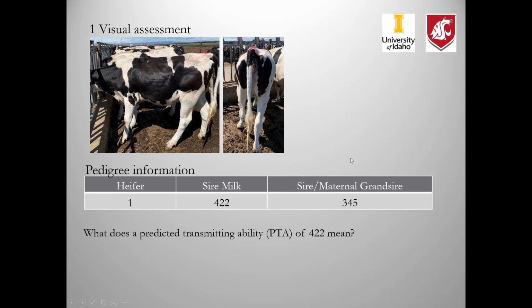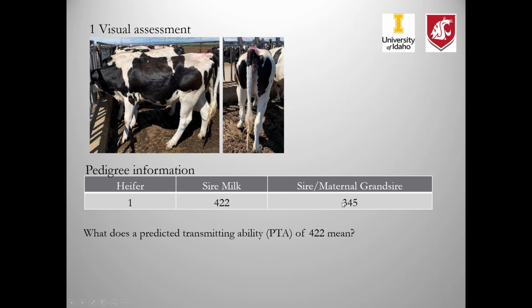So here we have heifer number 1, and you can see her and see what you think about her physical assessment. Then we can look at her pedigree information on the sire. She had a sire that had a PTA of 422. And remember, a 422 would mean that he has 422 pounds of milk on average for his offspring above the herd mean.